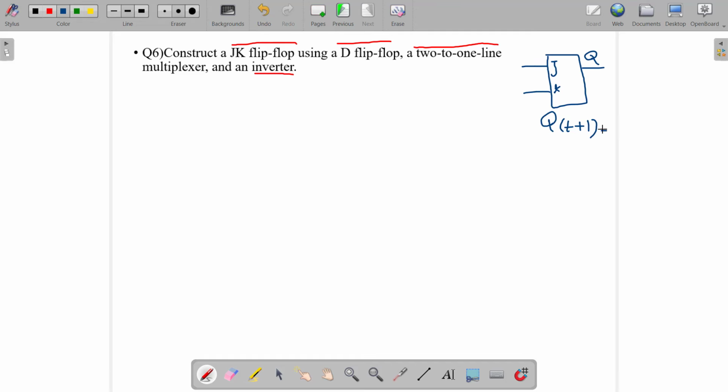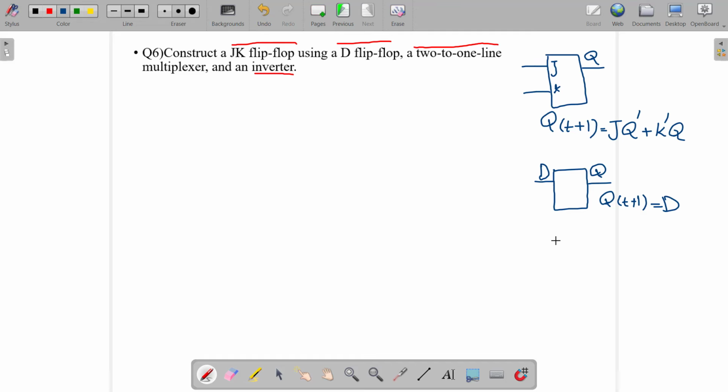In the JK it is JQ' plus K'Q. So we want to design this JK flip-flop using the D flip-flop. The D flip-flop is this. This is the D and Q. And we know that in the D flip-flop Q(t+1) is equal to D.